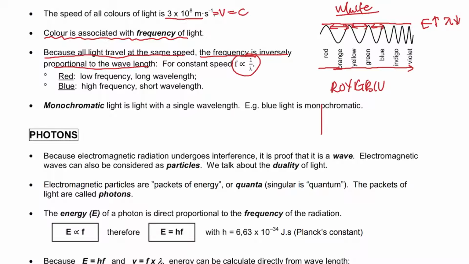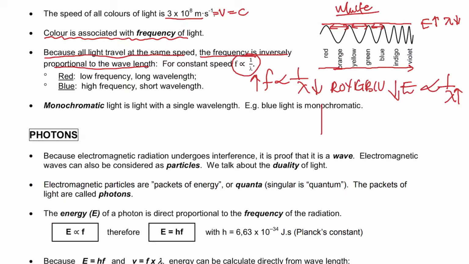If a light has a bigger frequency, that means it has a lower wavelength, right? The same applies: the energy and the wavelength are inversely proportional. If a light has a smaller energy, it will have a bigger wavelength.